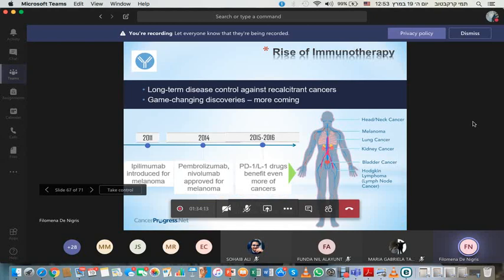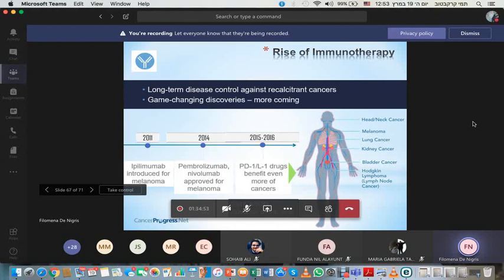PD-L1 is a receptor. We are now treating lung cancer, melanoma, and kidney cancer. This is an immunoreceptor that the tumor cell expresses to escape, to evade the immunoregulatory system. So the tumor cells say to the body, don't eat me because I am self.